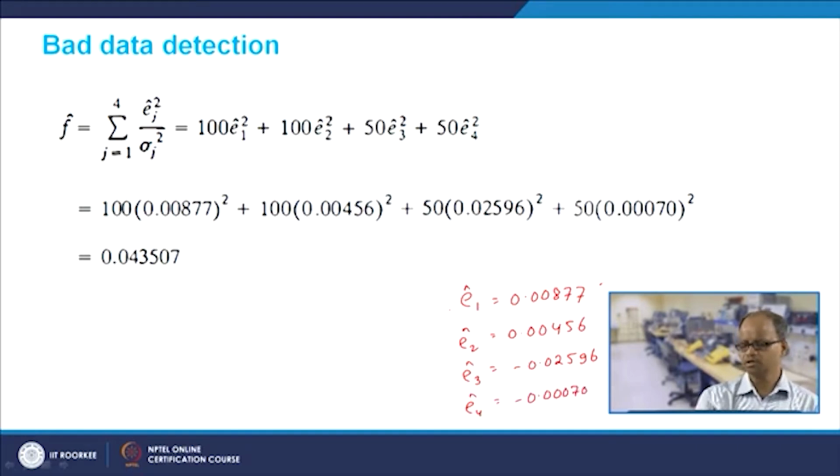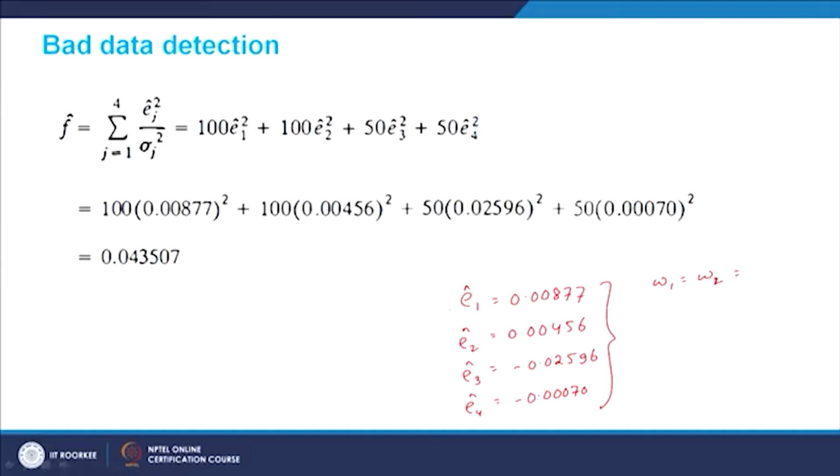So, these were the estimated errors in the first case, and we have also said that our weights were W1 is equal to W2 is equal to 100 and W3 is equal to W4 is equal to 50, that we have already taken.